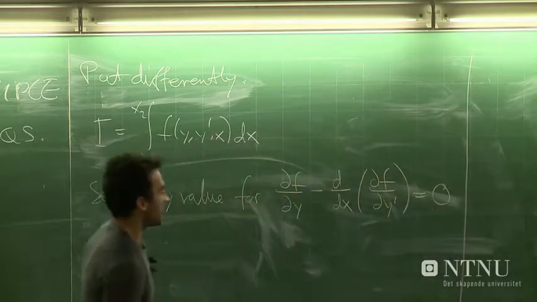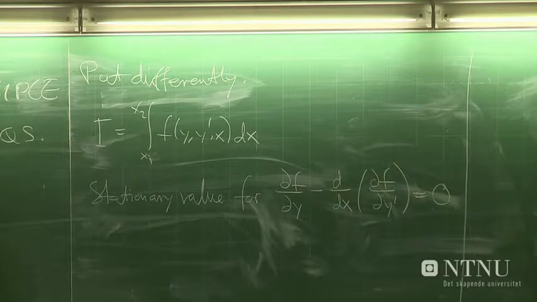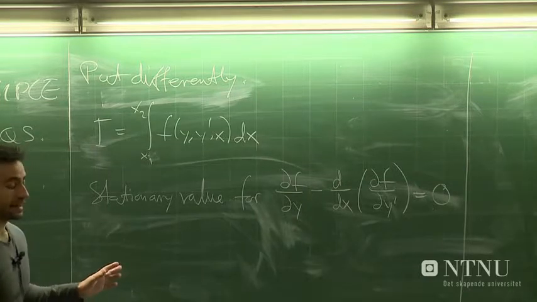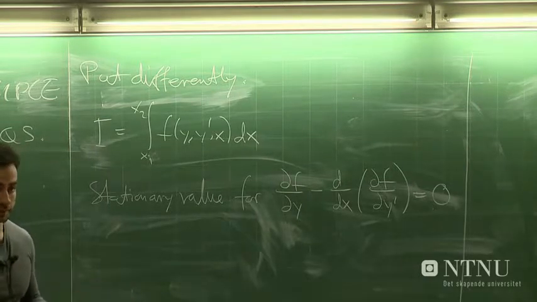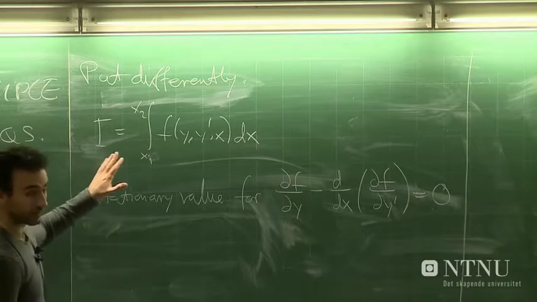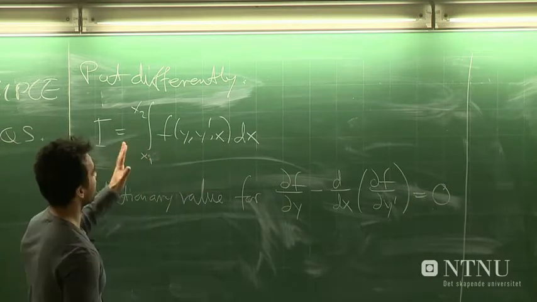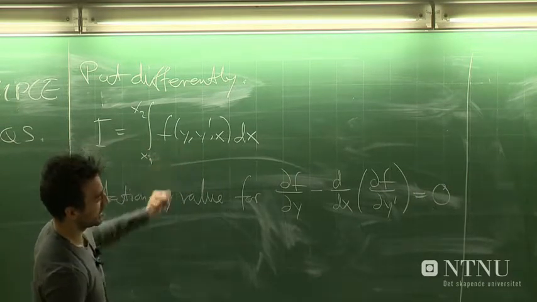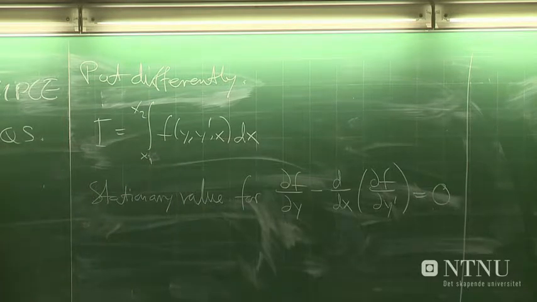So I promised you that we could find some use for this practically. Well, this would be of use anytime we have some quantity which can be written like this, which is a quite general form. It's an integral over a function that we want to find an extremal value for. And this could have applications even outside of physics: economics, geography, whatever.